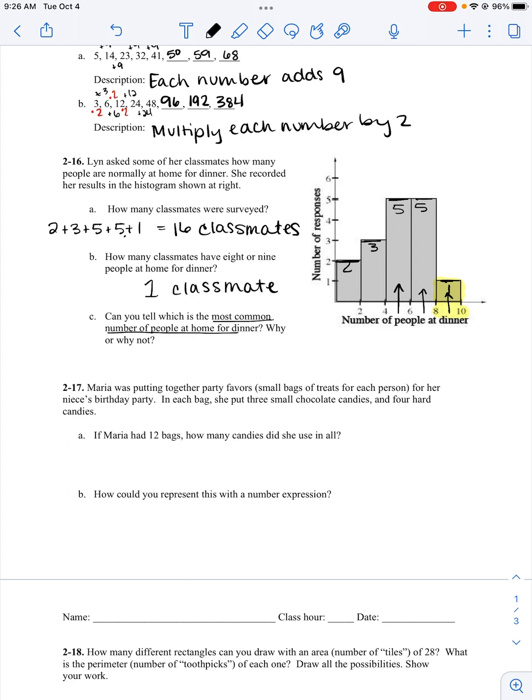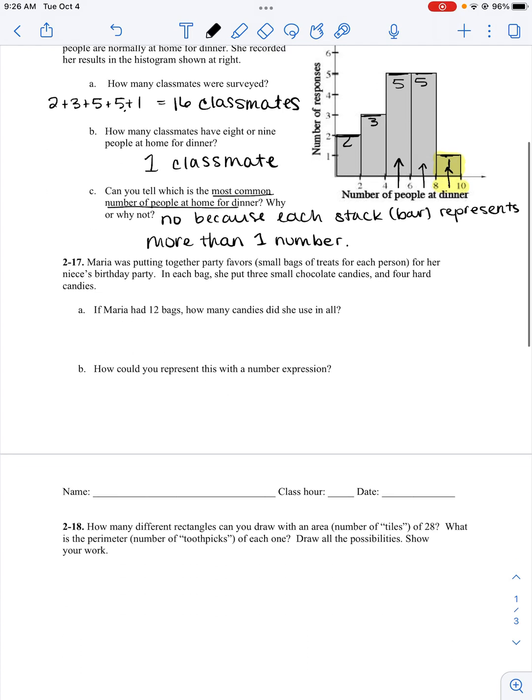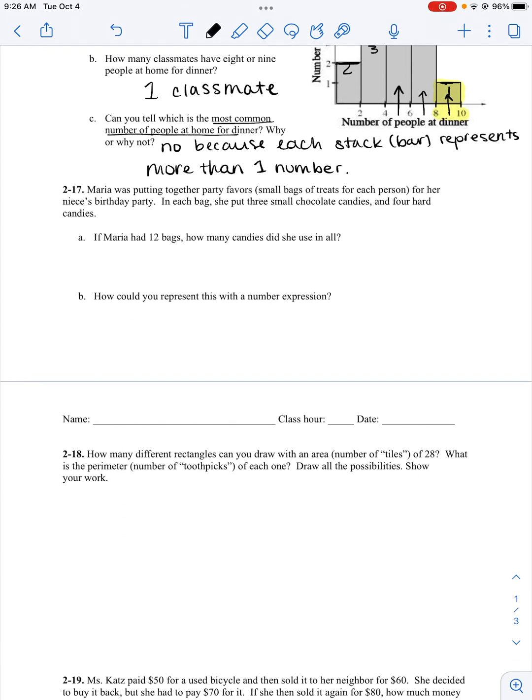No, so I can't tell the most common number of people because each stack or bar represents more than one number.